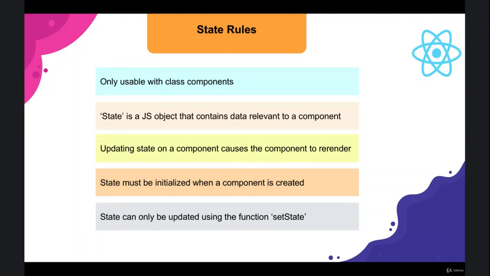Okay. Next item. Updating states or updating properties inside this JavaScript object on a component will cause our component to re-render. And that's going to solve one of the issues that we ran into back over there.